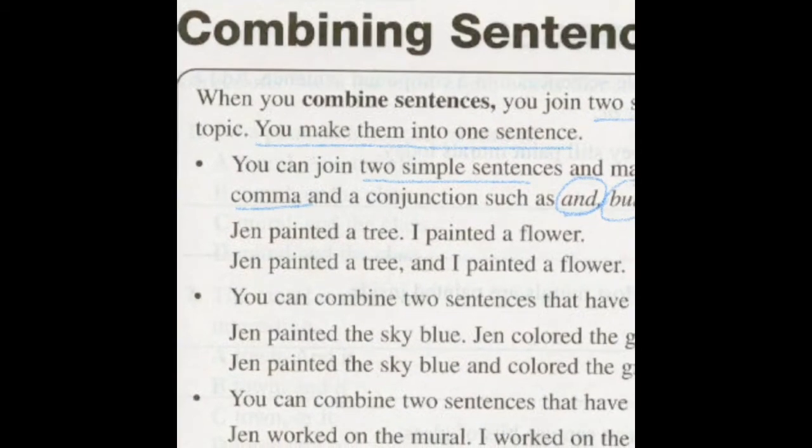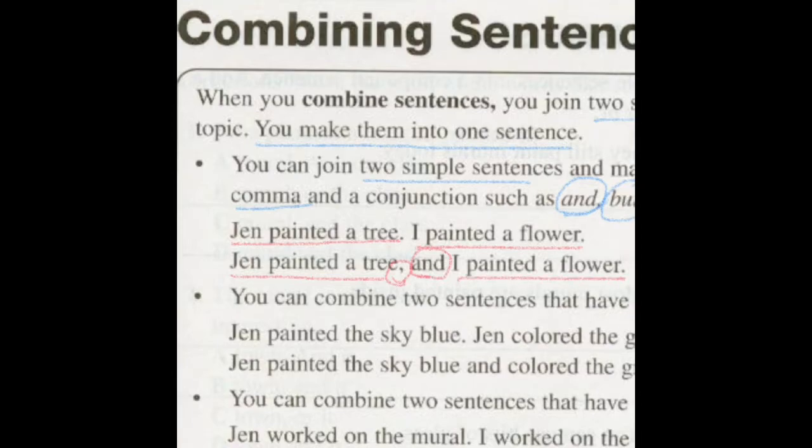Our first sentence says, Jen painted a tree, and our other simple sentence, I painted a flower. We can combine those two so it flows a little better in our writing. And here we have Jen painted a tree, and then we have a comma and our conjunction and, then I painted a flower.